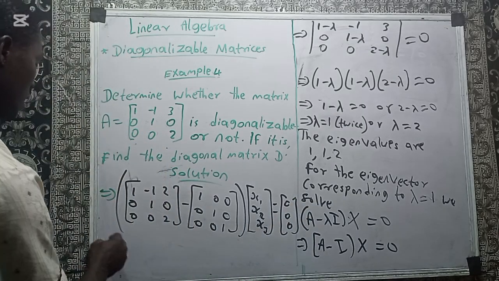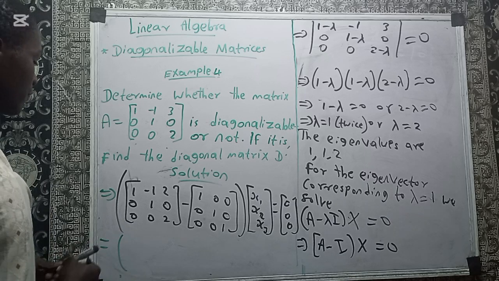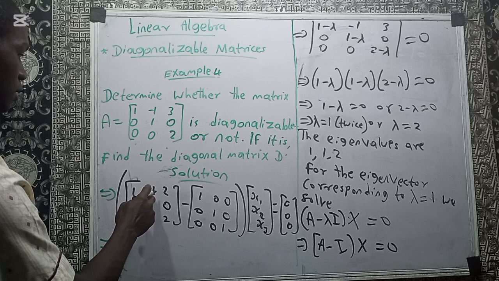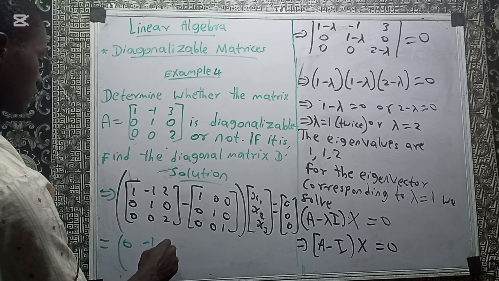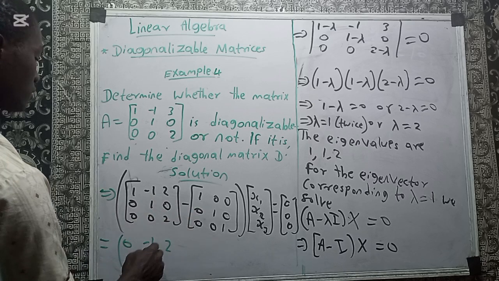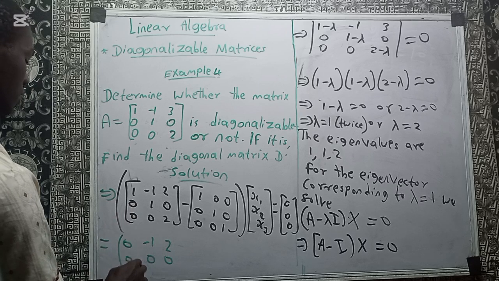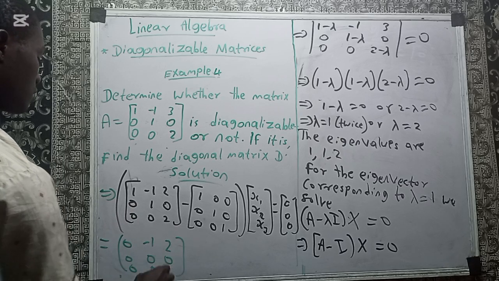So the next one we are going to have is, if you subtract: 1 minus 1 is 0, negative 1 minus 0 is negative 1, 2 minus 0 is 2, 0 minus 0 is 0, 1 minus 1 is 0, 0 minus 0 is 0, 0 minus 0 is 0, 0 minus 0 is 0, 2 minus 1 is 1.